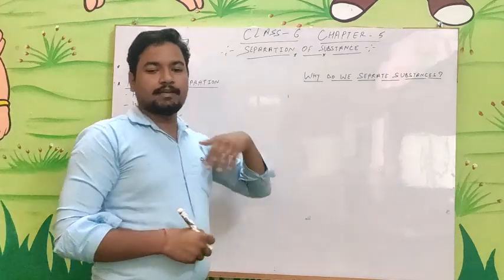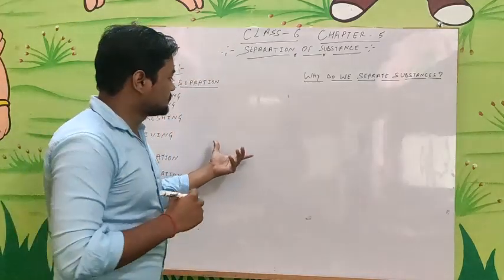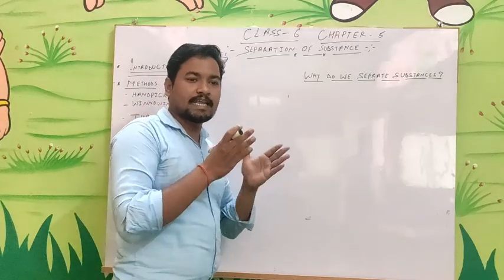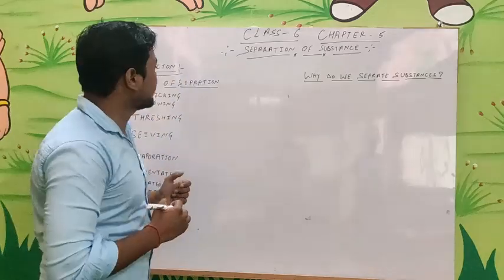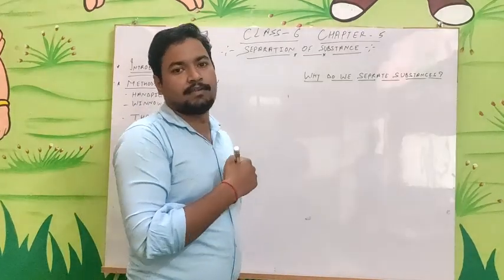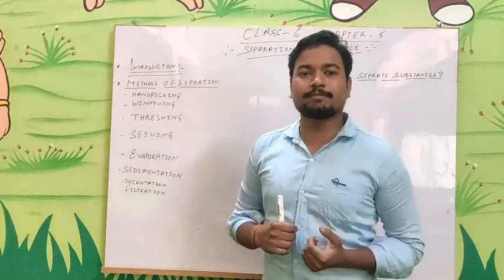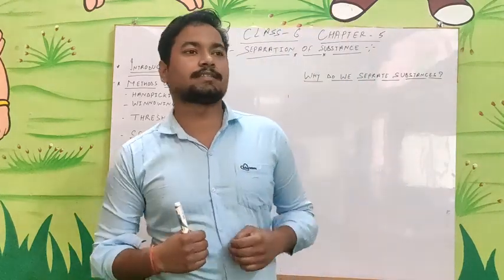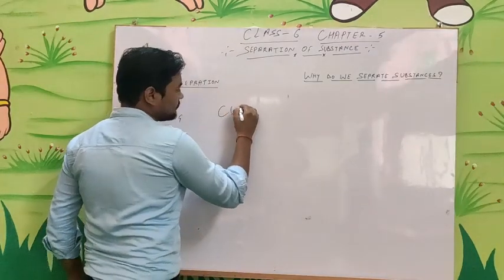Then we can take another example, curd. Churning curd separates the butter from the curd, and the lassi, which is also an example of separation. Here we have two substances, and both are useful for us. First is butter, which is very useful for us.